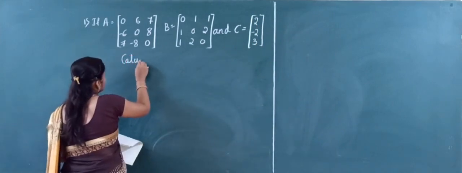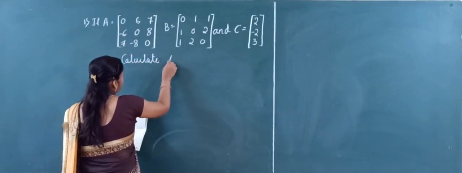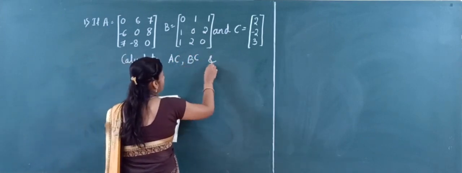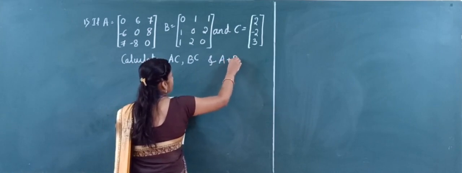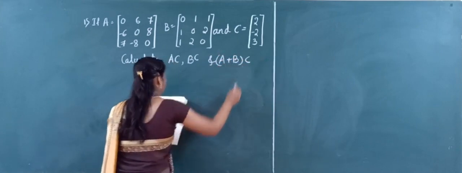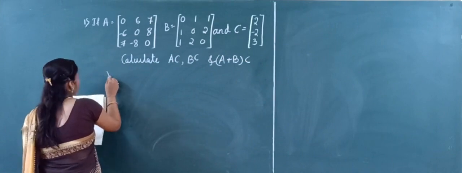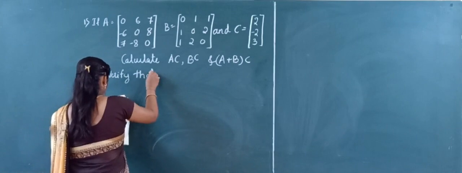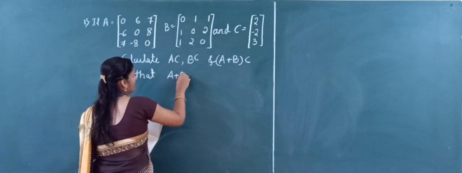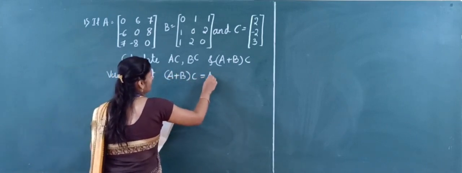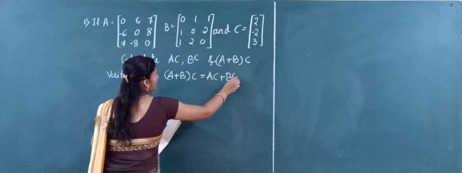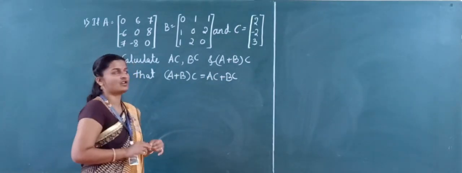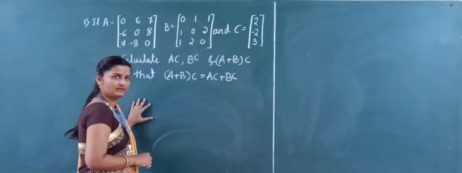Calculate AC, BC and A plus B into C. Verify that A plus B into C is equal to AC plus BC.